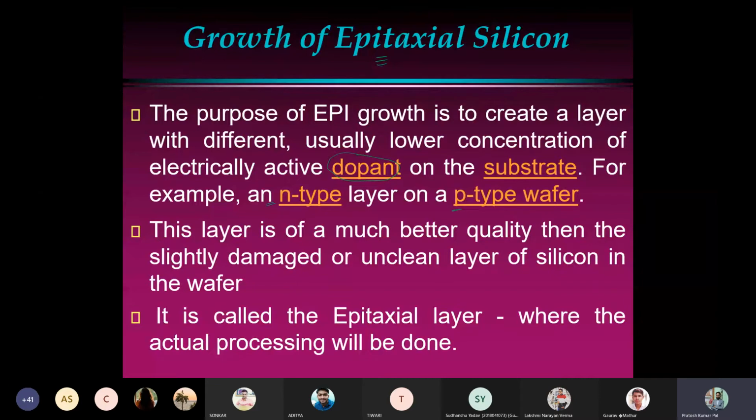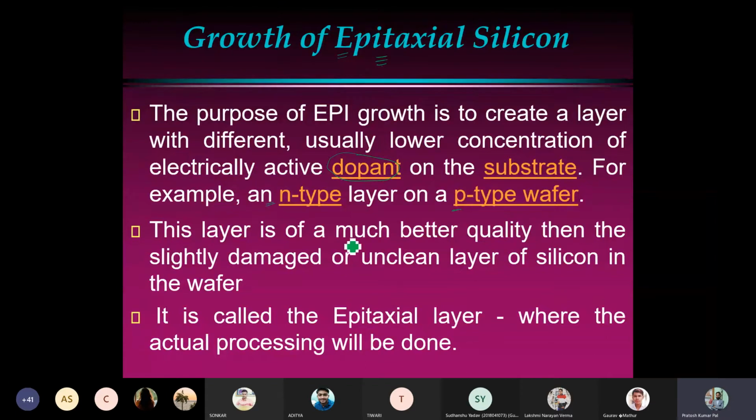So whatever layer we will be depositing onto the wafer by the epitaxial method will be of high quality, because all the further fabrication steps will be performed on the epitaxial growth silicon that is onto the wafer.